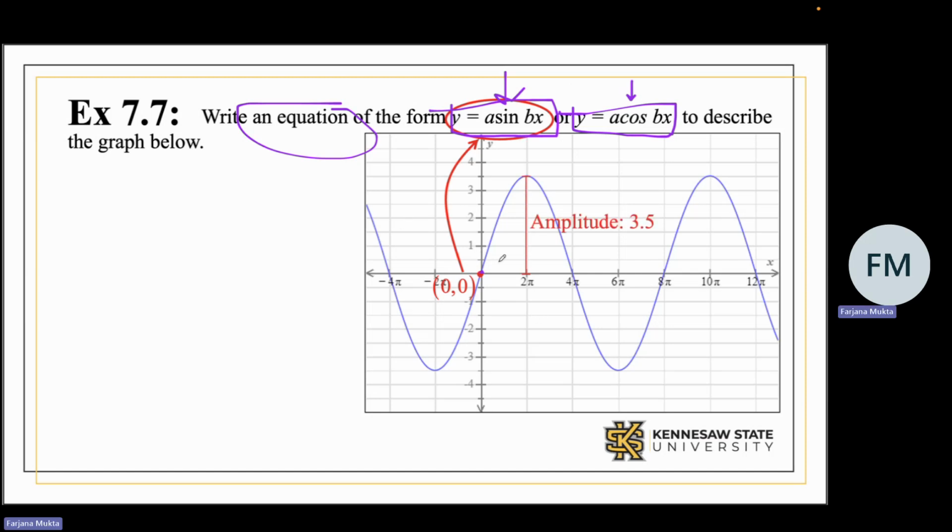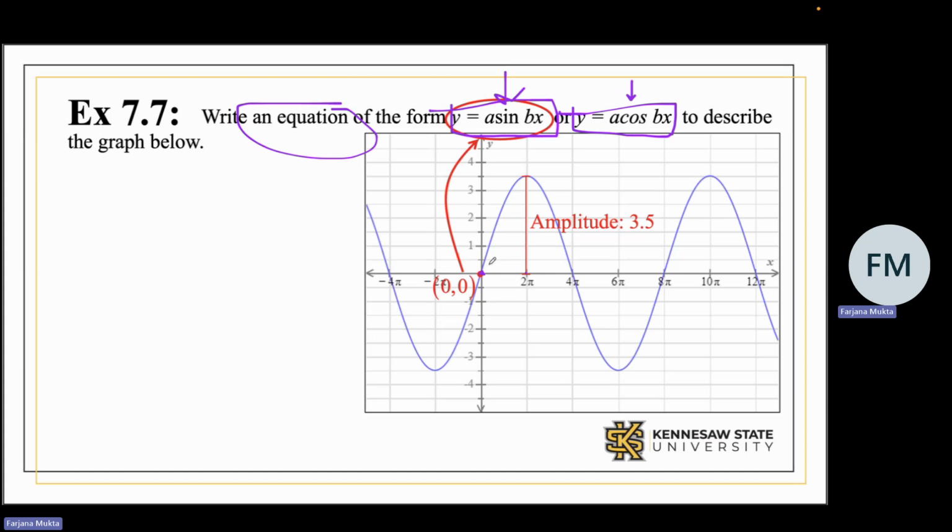As you can see, that's the vertical center, the horizontal axis, and on both sides we have the same distance. And so the amplitude will be the distance from the vertical center to the max or minimum.